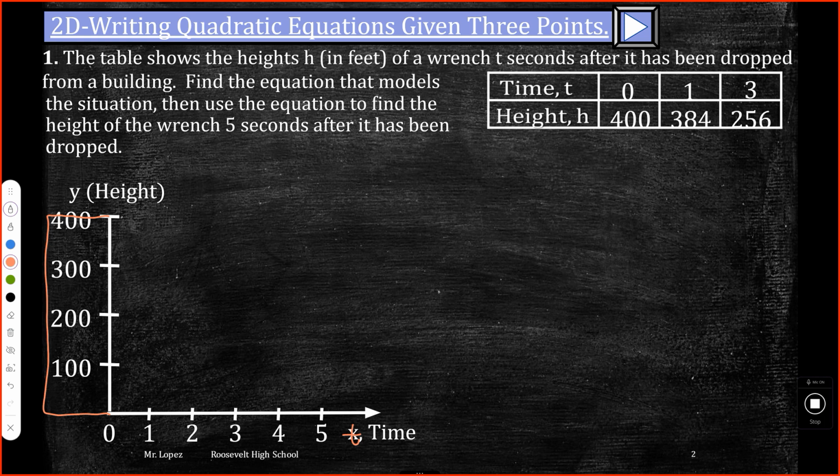So let's go ahead and copy this down. We're making this word problem into math, and we're substituting all the information into the graph here.